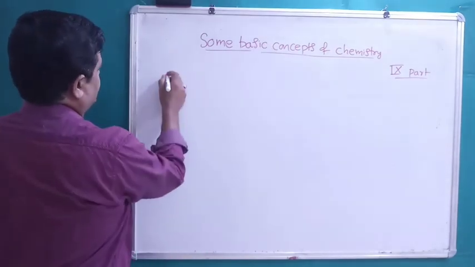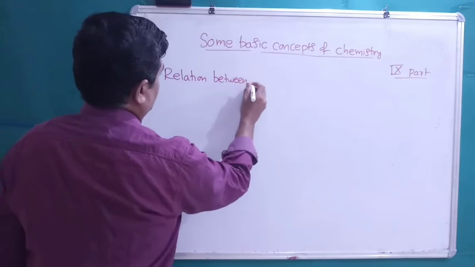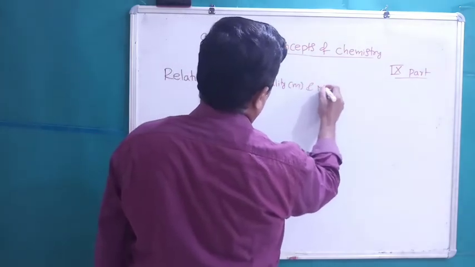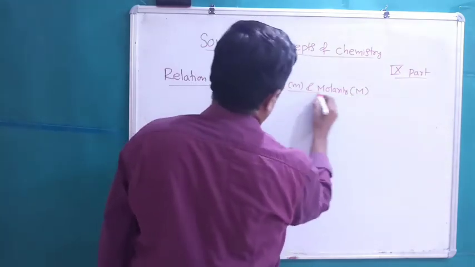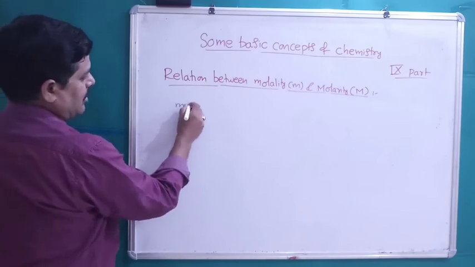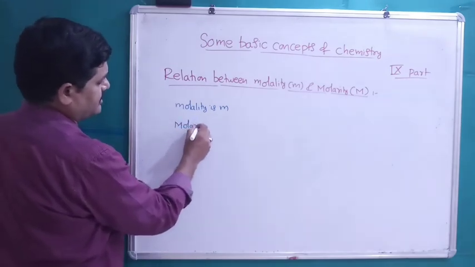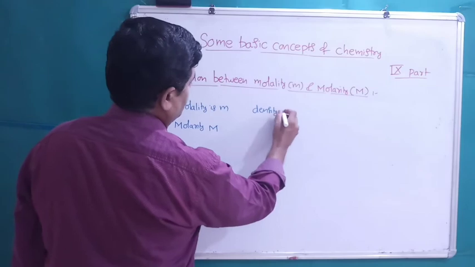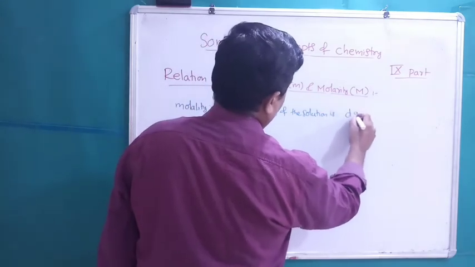Students, next we will discuss the relation between molality, small m, and molarity, capital M. Assume here molality is small m, molarity is capital M. The density of the solution is d gram per ml.